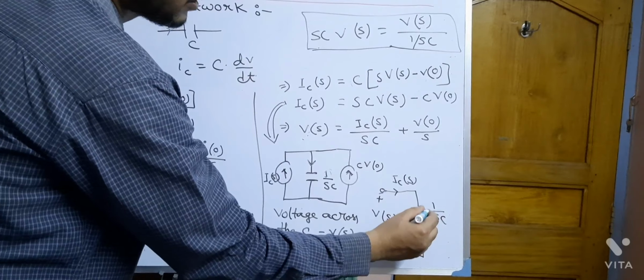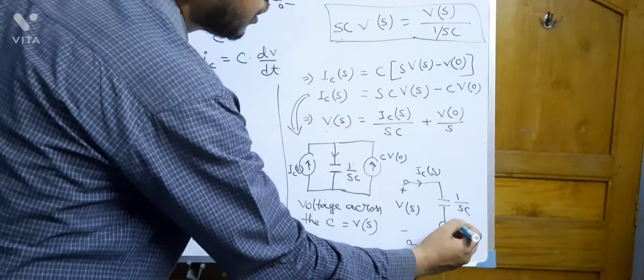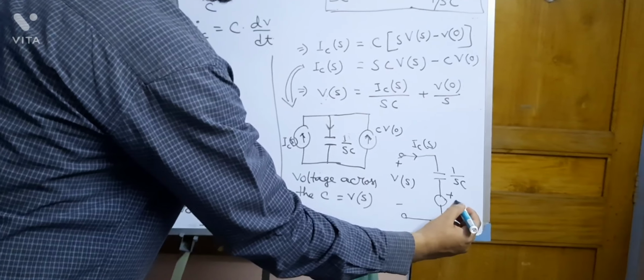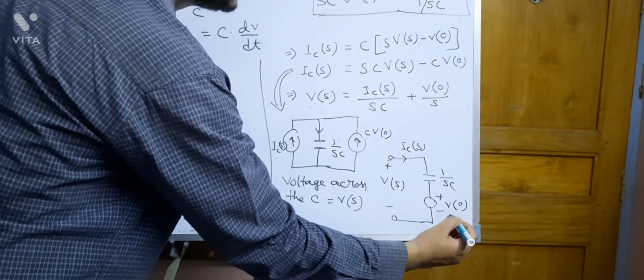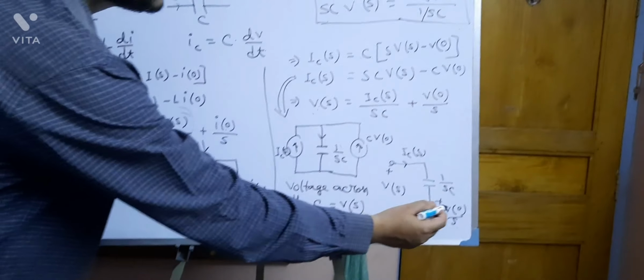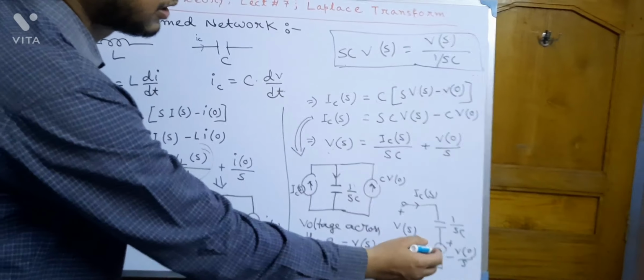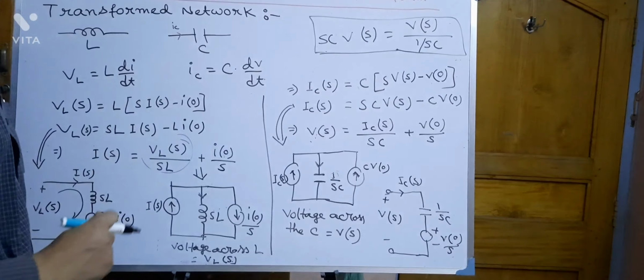This is the impedance 1 by SC, and this voltage equals V0 by S, where V0 is the initial voltage across the capacitor.